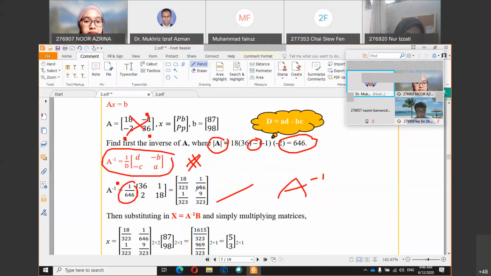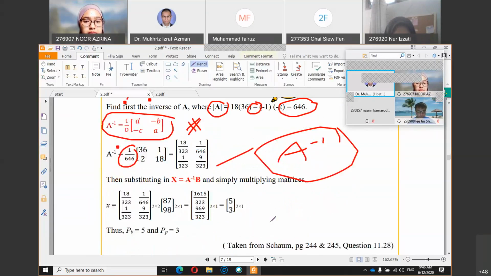And then this final value here, 18 over 2323, and the rest is what you call A inverse. Then you can solve for X, which is A inverse multiplied by the matrix of B. A inverse is what you get here, and this is the final value because you cannot simplify anymore unless you use decimal places.